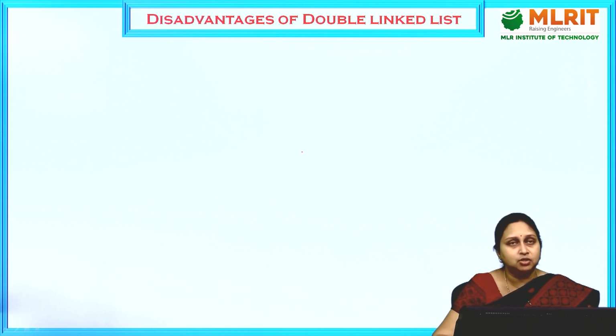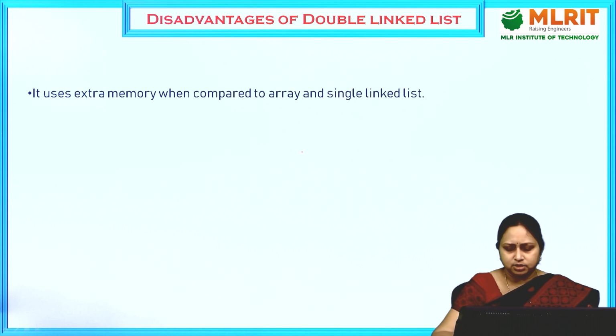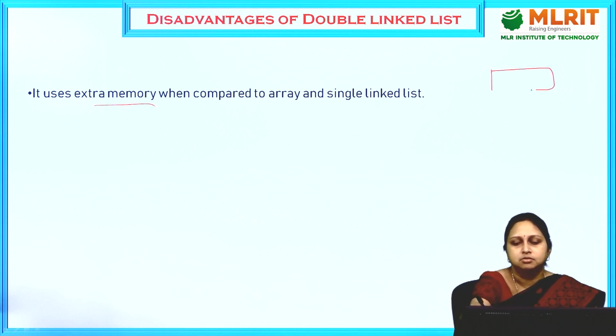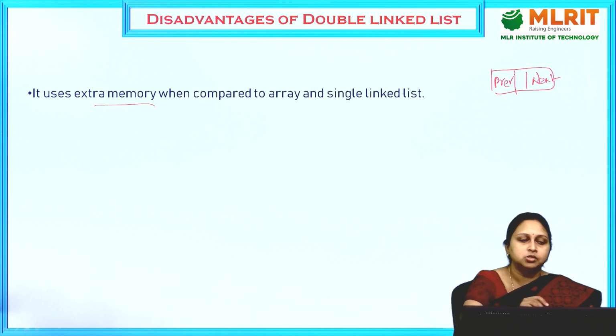And what are the disadvantages? The main disadvantages are the same as those we have seen with the single linked list. It uses extra memory for storing the addresses. In a single linked list we have only the next address, but here we have the previous address also, because of that we use extra memory.